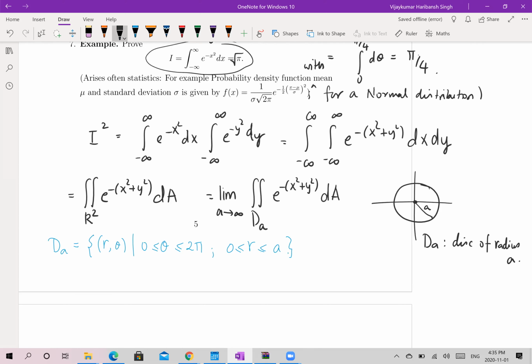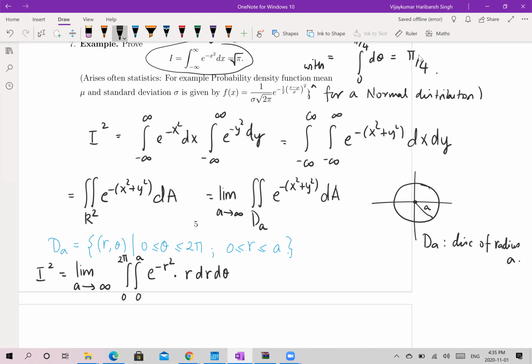So this integral then transforms. I square goes to the limit as A goes to infinity of the integral of e to the power minus r square, since x square plus y square is r square, times r dr d theta, where r is from 0 to A and theta is 0 to 2 pi.